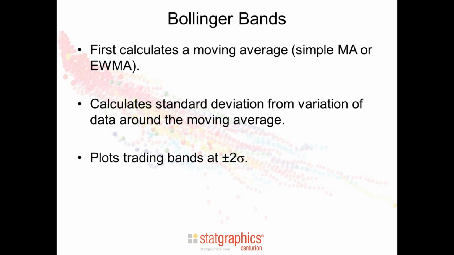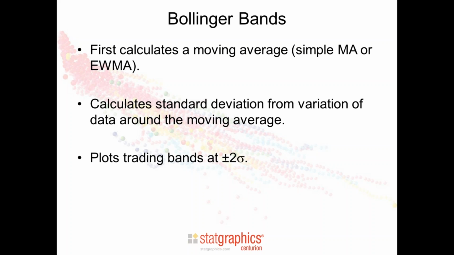The second thing you do to calculate Bollinger Bands is you use the recent data to calculate a standard deviation. The way you calculate the standard deviation is you look at the variation of the data around the moving average, and from that come up with a measure of how much the data have been varying from the moving average in the recent past.